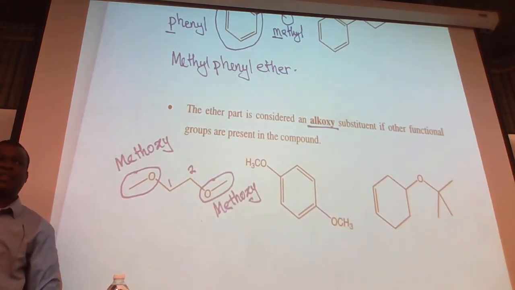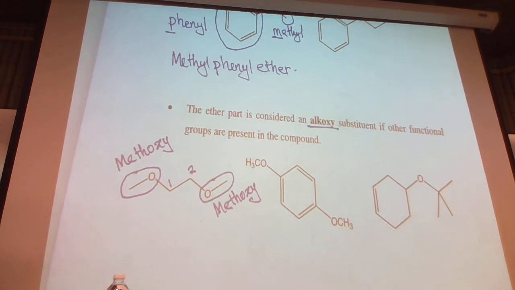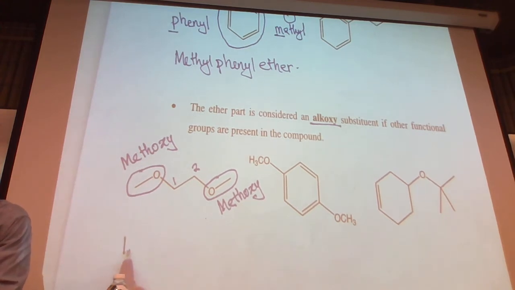And what is the name for those two carbons? Ethane. Did you say methane? Oh, ethane. I said ethyl. Yeah, but it's ethane, because it's the parent chain now, right? So therefore, this is going to be 1,2-dimethoxyethane.